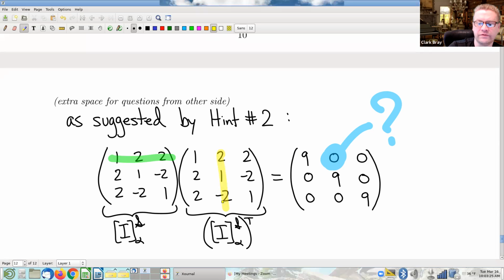But wait a minute, don't forget, let's see. Well, gosh, I wish I'd done this backwards. This row is this column. And so what we effectively have is a dot product of two of the columns of this matrix.